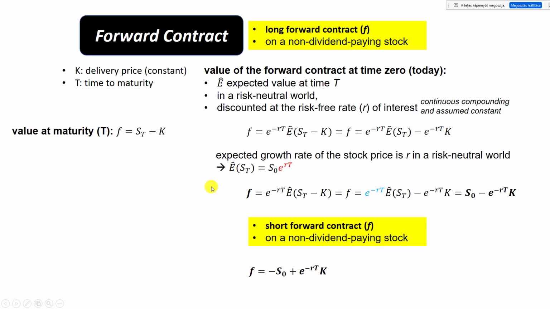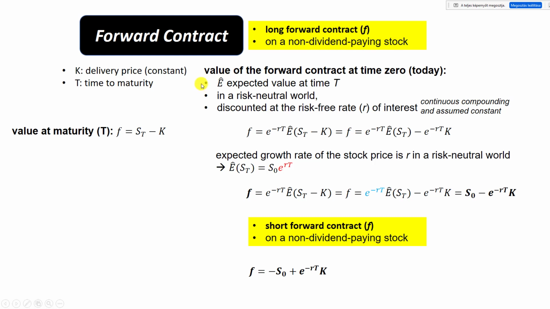Okay, so what is relevant for forward contracts or future contracts, because we were able to see that they are quite the same. So we have a long forward contract in this, and later on we will have a short one, but let's start with the long version. It's a non-dividend paying stock.